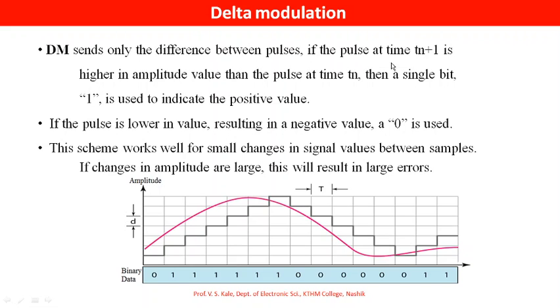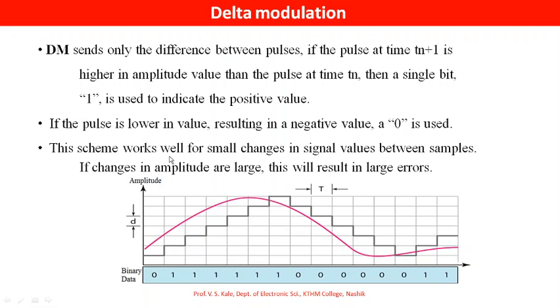If the pulse at time Tn plus 1 is higher in amplitude value than the pulse at time Tn, then a single bit 1 is used to indicate the positive value. If the pulse is lower in value, resulting in a negative value, a 0 is used.